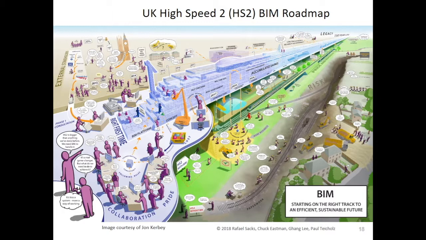One of the great examples of a BIM roadmap is this roadmap from the UK, which is for the High Speed Rail 2 project running up the western side of the UK, all the way from London to Manchester and north. You can see that they have laid out all of the different ways in which they plan to use BIM for different aspects of the design process and to experience savings as they go through that.